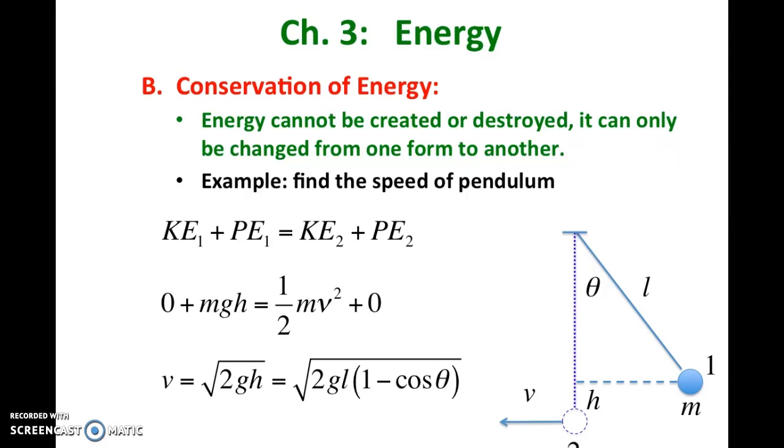We can find the speed of pendulum at the lowest point, v equals square root 2gh. Well, h can be obtained by L minus L cosine theta. Then we have the speed equals square root 2gL times 1 minus cosine theta.